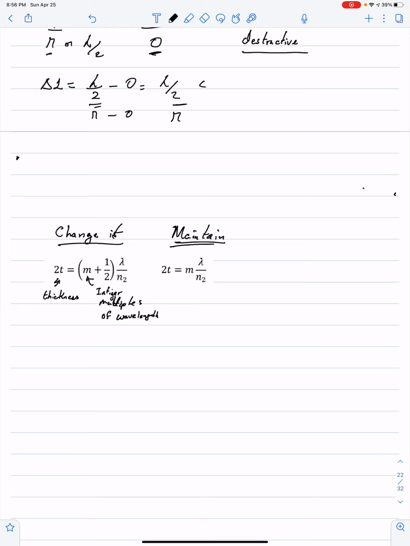Okay? This is the index of refraction. And this is the wavelength.